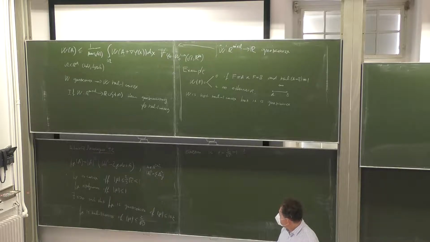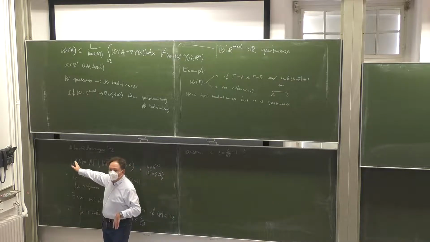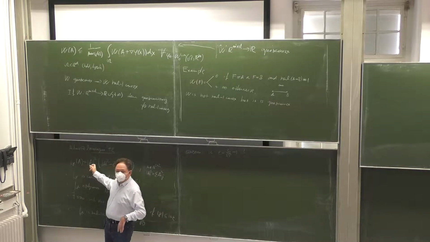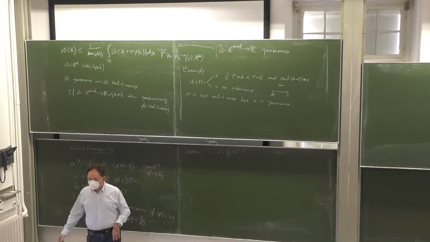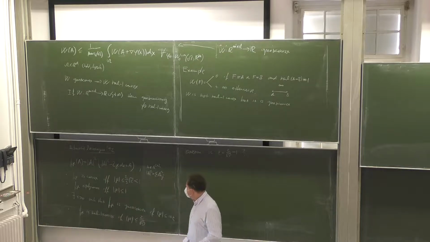This function is very good because, I haven't talked about it, but in elasticity we typically need functions which are frame invariant. So whenever you multiply your argument by a rotation from the left, you assume that you have the same value. This function satisfies this. It's a polynomial. It's homogeneous.